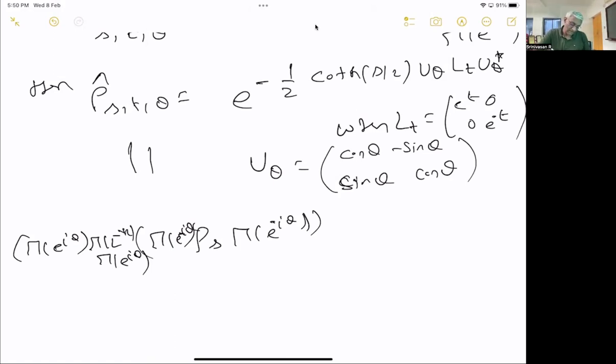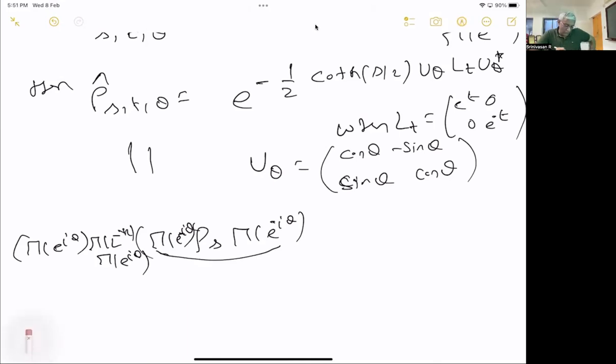Here I can again write gamma e power I theta. Why are you doing that? That is because I want to get the conjugation of L there inside. If you conjugate a state, you will get an L inside. I want to get a conjugate of L by e power I theta. So I have to write it like this. Okay, yeah. But then this does not really change anything.